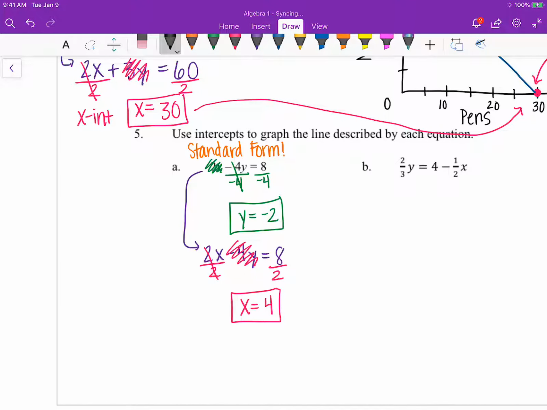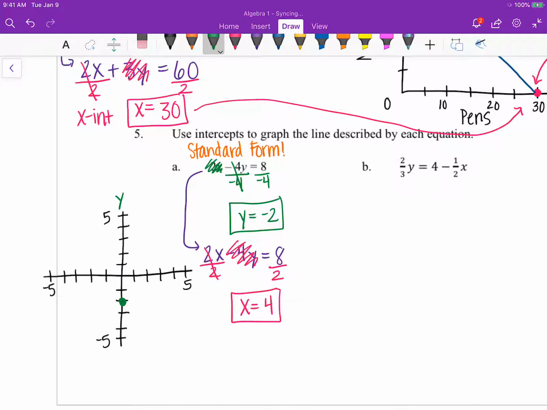To graph this off to the side here, let's see, I'll count by 5s here. 1, 2, 3, 4, 5. 1, 2, 3, 4, 5. Okay, my y-intercept was at -2, so on the y-axis I need to go down to 2.